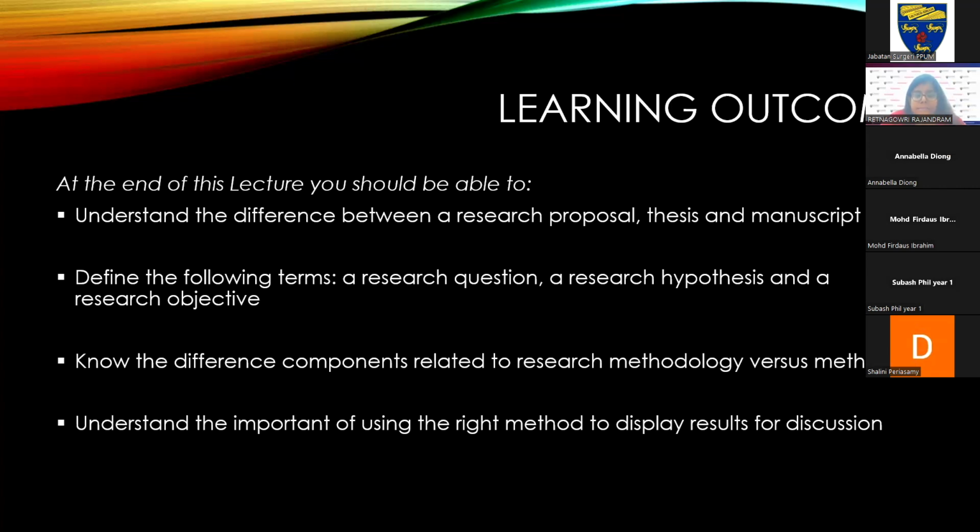Okay, and the next thing is I'm going to explain the difference between a research methodology and methods. With methods, you go into detail and put that into your thesis document, exactly step by step what you did. But methodology is the overall picture of how you plan to do something and how it generally happened.